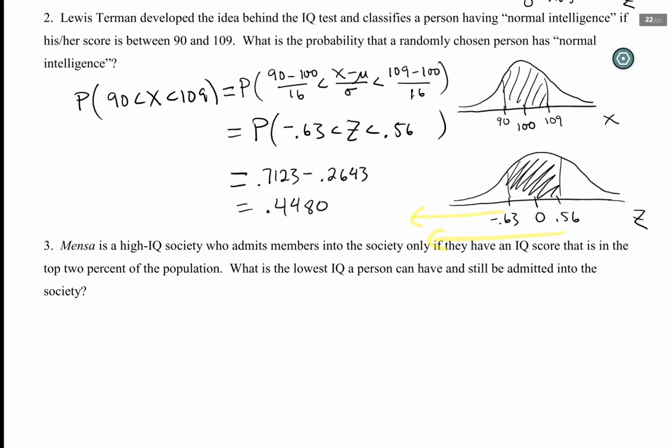All right, so roughly 45% of the population, according to Lewis Terman, meets his criteria.